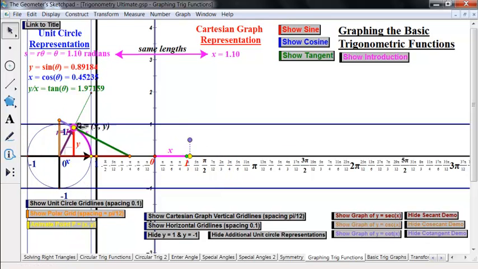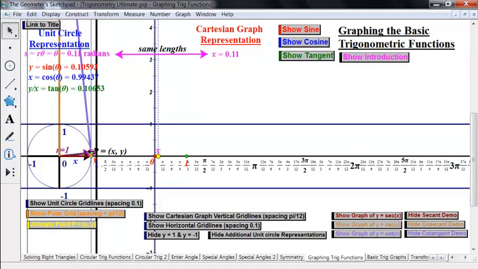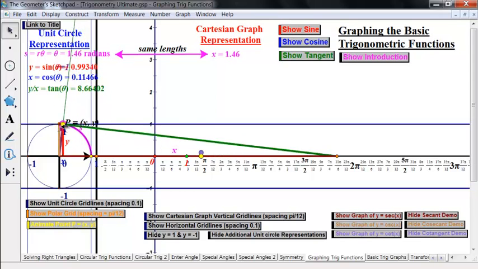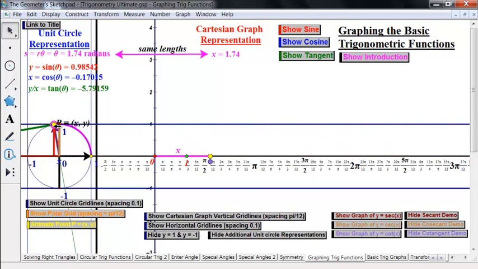So cotangent starts at basically infinity, works its way down, decreasing as we rotate around here, down to 0 by the time you get to pi over 2. And now we go into the negatives, working our way down. Let's see, when it's pi over 4 here, over here the cotangent is 1. And when you get to 3 pi over 4, the cotangent is negative 1.